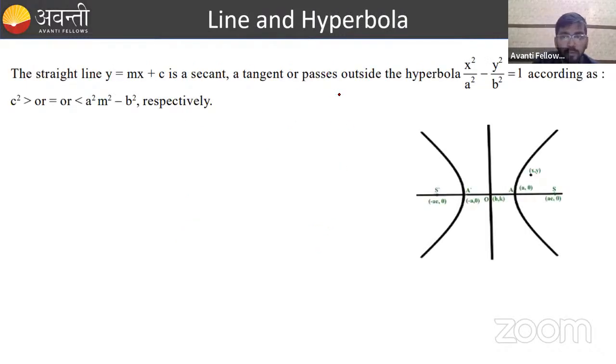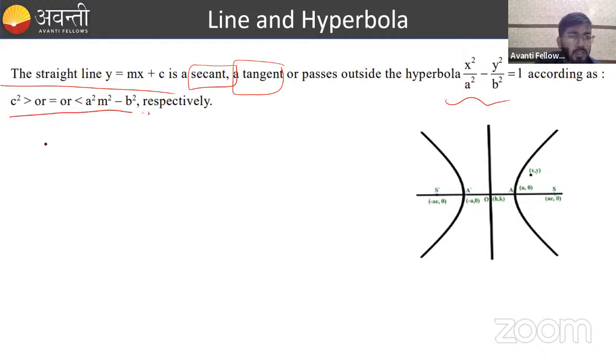Now line and hyperbola topic. The straight line y equals mx plus c is a secant, a tangent, or passes outside the hyperbola according to this condition. If c square is greater than a square m square minus b square, then it is a secant.